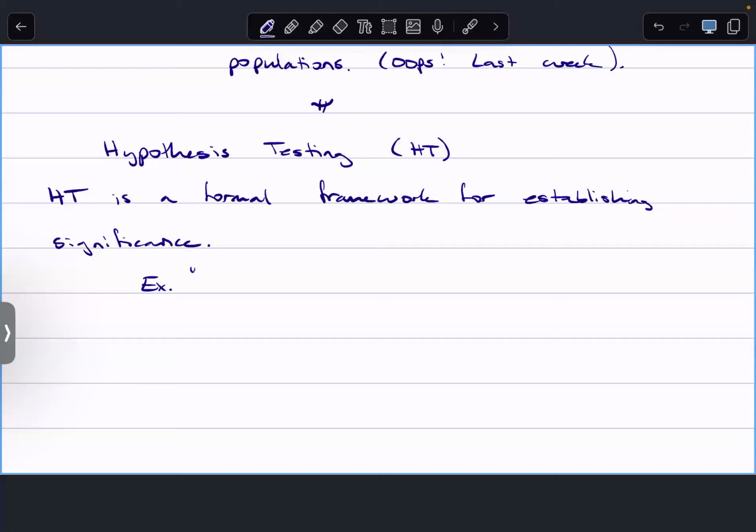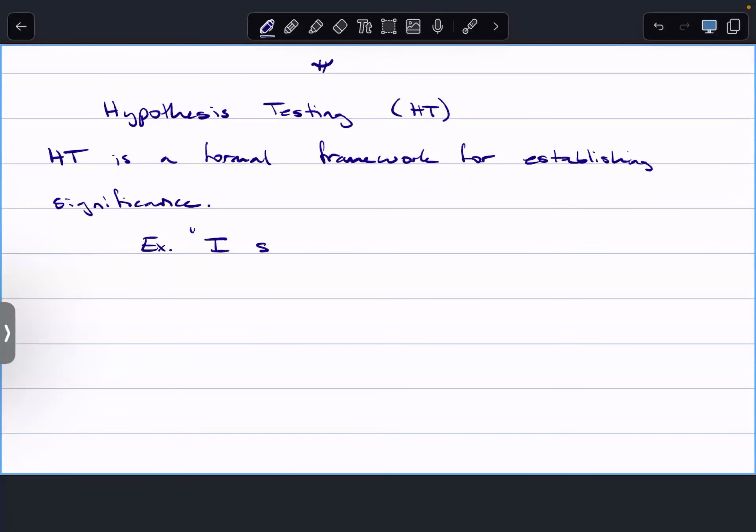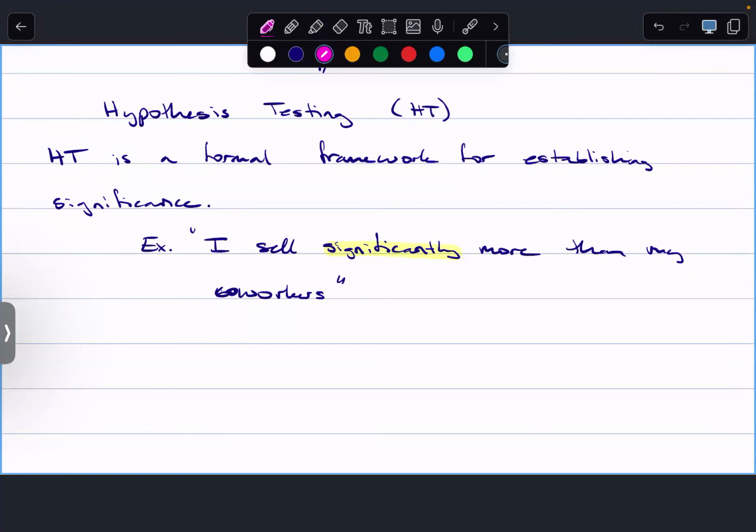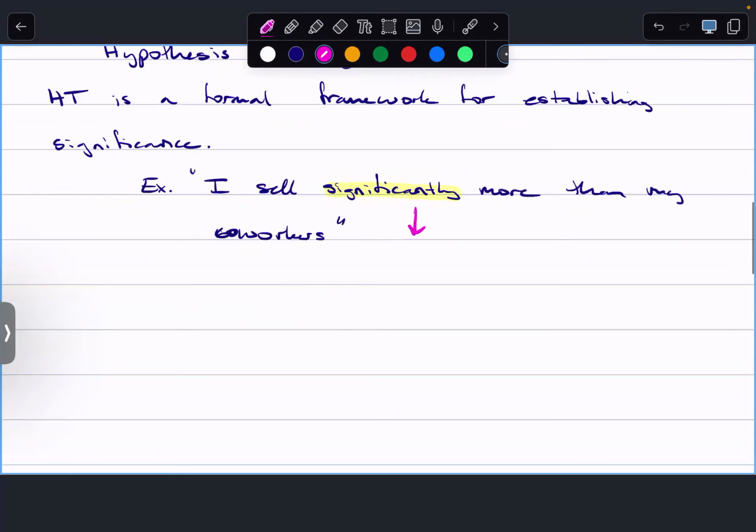And so I sell significantly more than my coworkers. Using that word requires a formal hypothesis test.